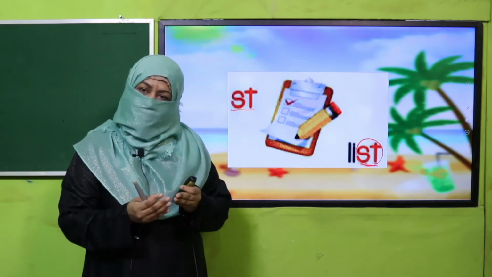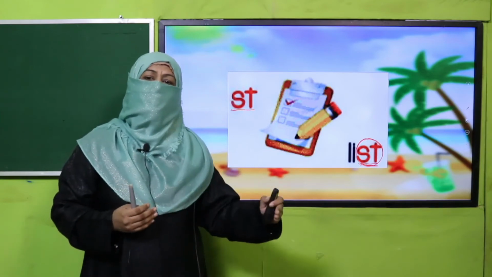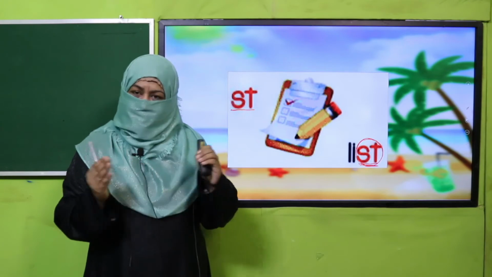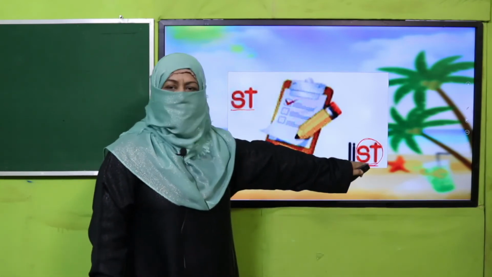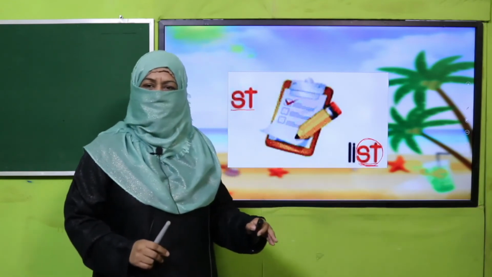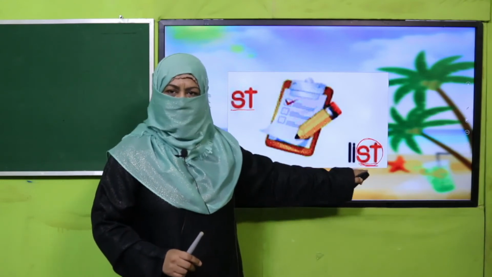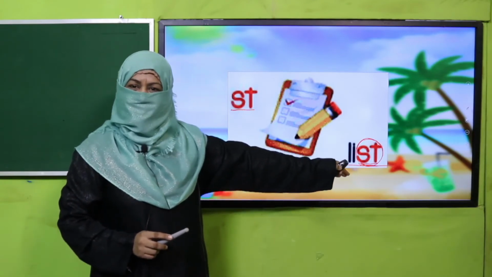But the pronunciation for both, either at initial position or at final position, is by joining both sounds. So what is the sound of letter S? It's S, right? And what is the sound of letter T? It's T. List, list, list, right? This is how we pronounce it. It's a consonant cluster at final position.